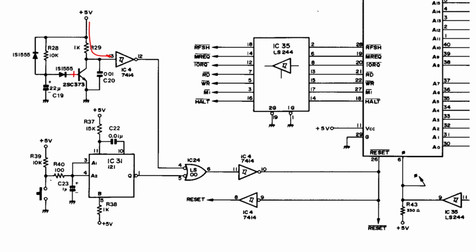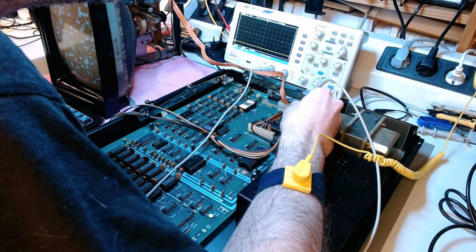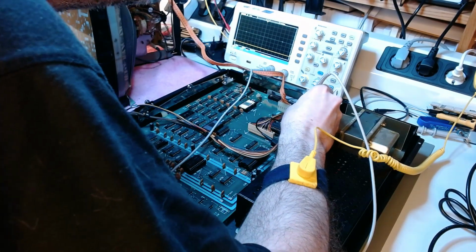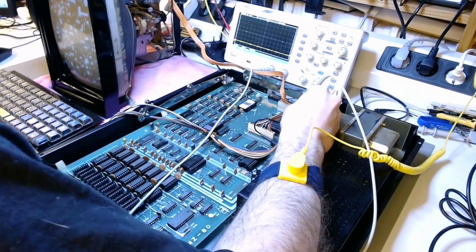So let's check pin 12 of IC4 first to see if we identify the problem there. Output 12 of IC4: 1, 2, 3, 4, 5, 6, 7, 8, 9, 10, 11, 12. It is low.